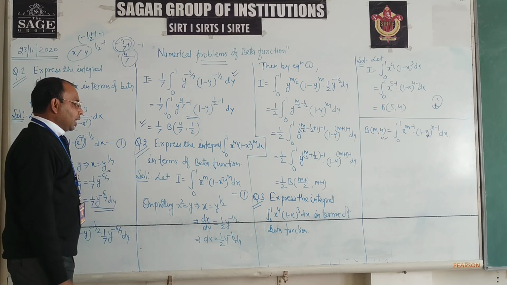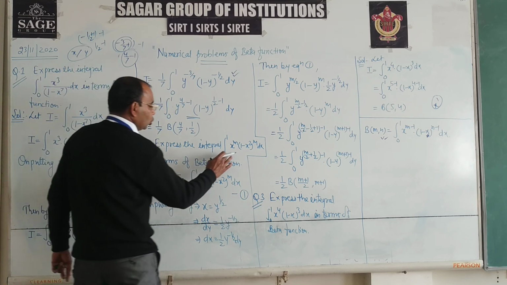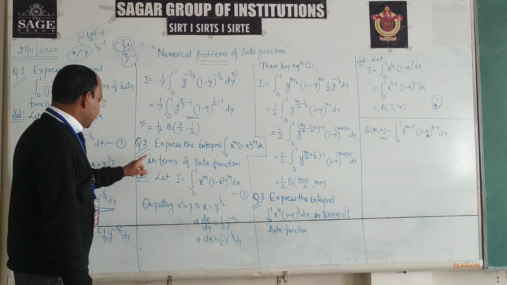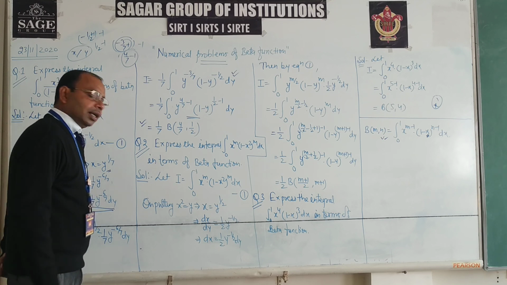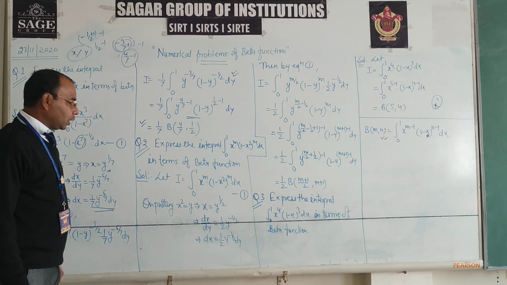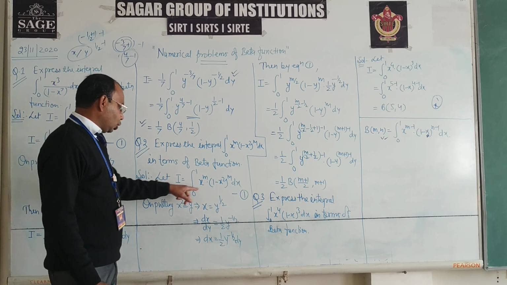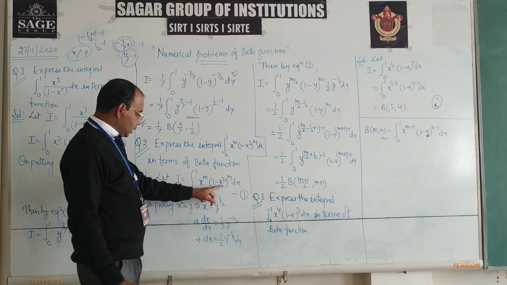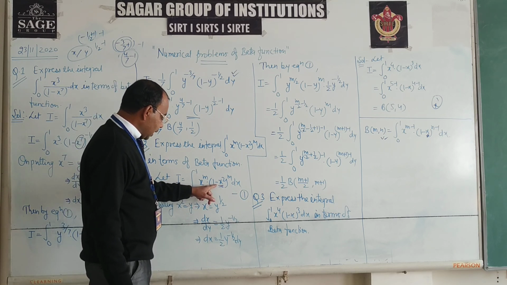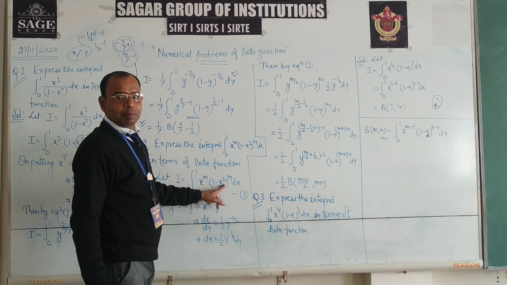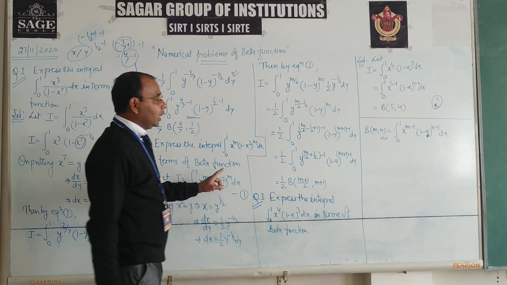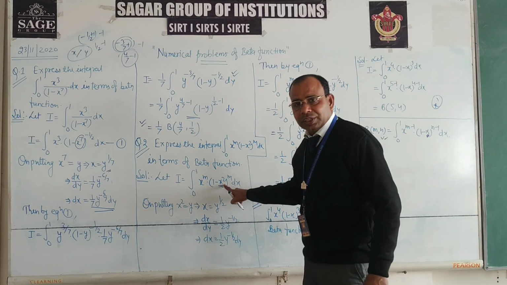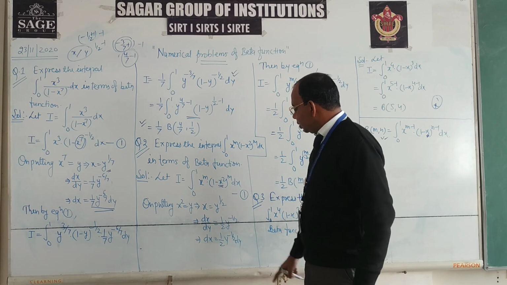And the next question is: express the integral from 0 to 1 of x to the power m, 1 minus x square to the power n, into dx in terms of beta function. Here also, let I be equal to this. The extra term is this, because we should have 1 minus x only, but we have 1 minus x square, and the beta function has only 1 minus x. So the substitution term is x square.